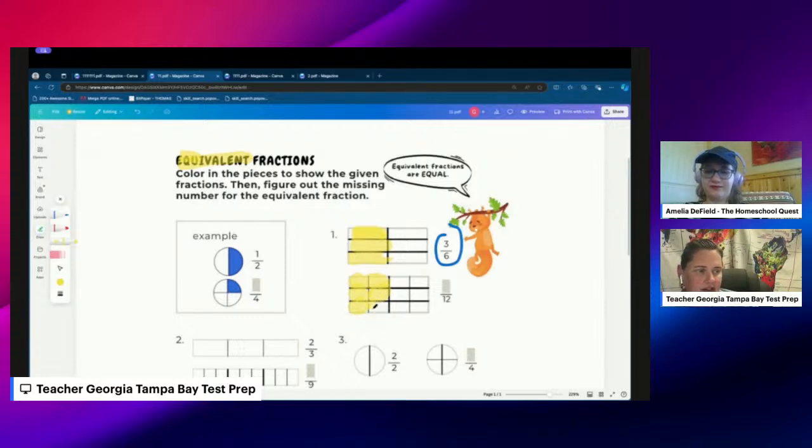As I'm coloring here, do you notice that even though this is 3/6, 3 parts shaded out of a total of 6, how many equal parts did I color in this model?